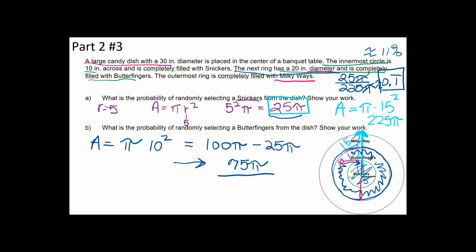All right, we're going to put that over the total area, which we calculated earlier as 225. Get your calculator out. 75 divided by 225 is 0.3 repeating. We can write it like this, or you can write it as 33%. Either way, because the pi's cancel out.